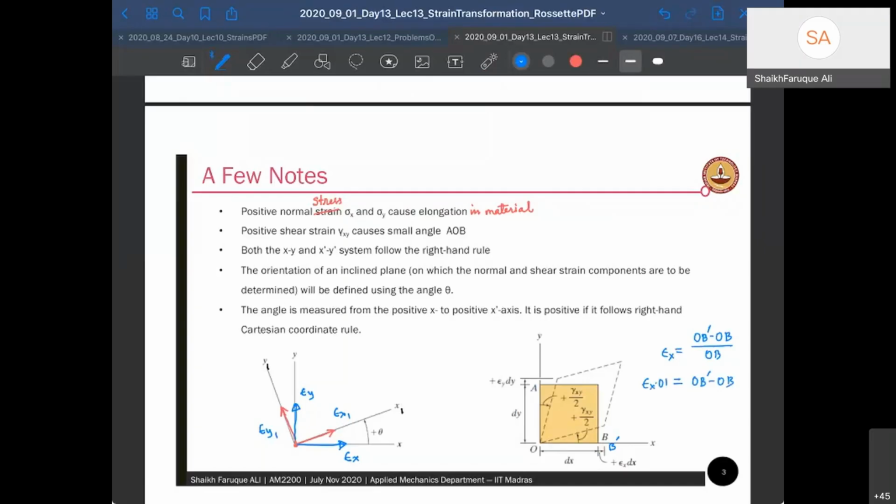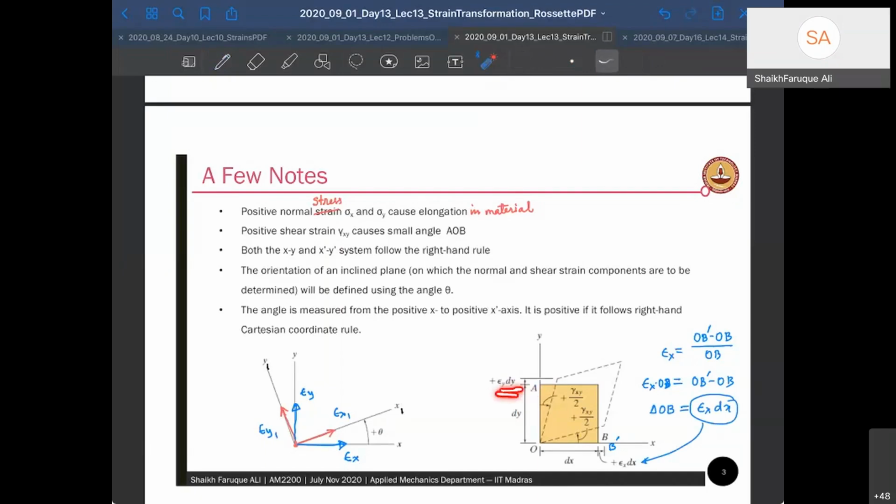Now OB is dx, right? We all know. So the change in length, let us name it as delta OB, is equal to epsilon x dx. So this is what is written here. Similarly, I can write the vertical part. If there is an elongation along the y direction, I can write that as epsilon y dy.